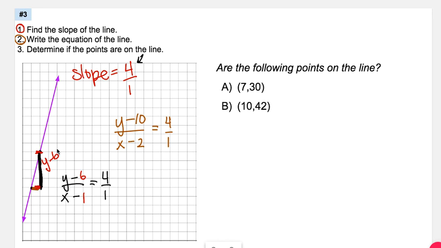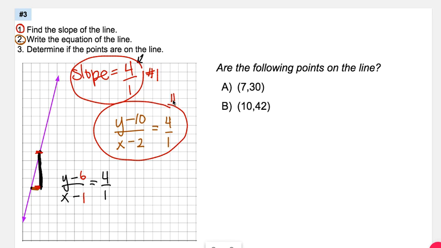Now, you don't have to get 2 equations. I just want you to stick with me and see something interesting that happens. So for number 3, this is still number 1 here, and this can still be number 2. Now we're going to check this part.